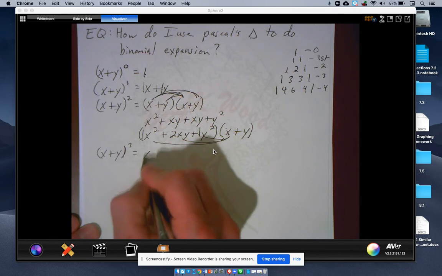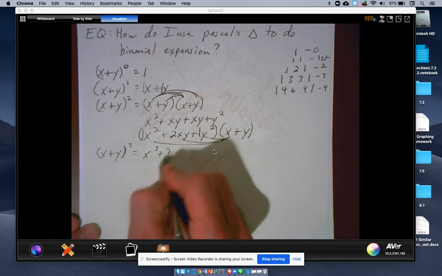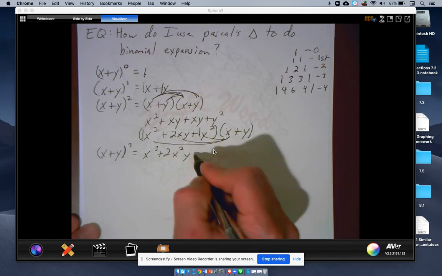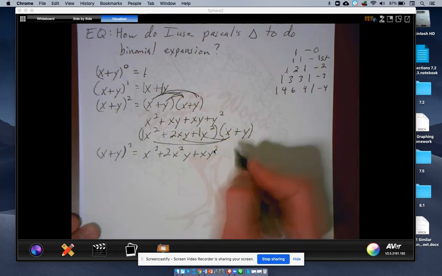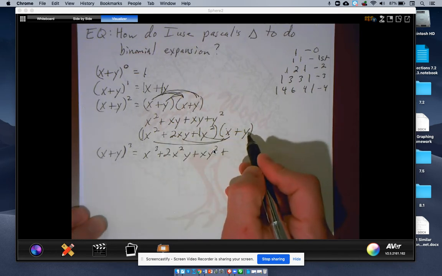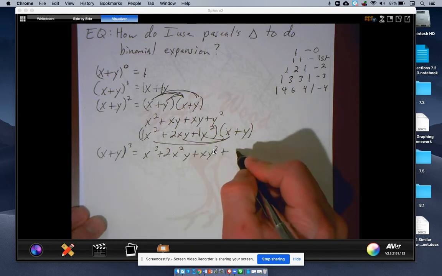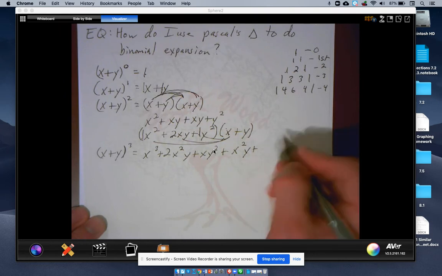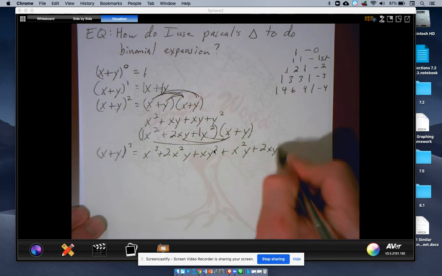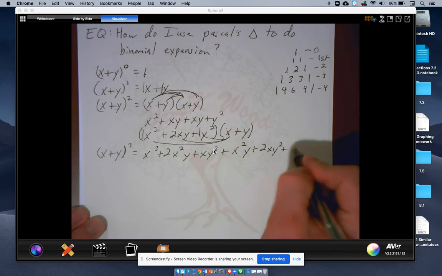So we're going to get x cubed plus 2x squared y plus xy squared. So that was x multiplied by everything plus, now I'm going to take the y and multiply by everything. X squared y plus 2xy squared plus y cubed.